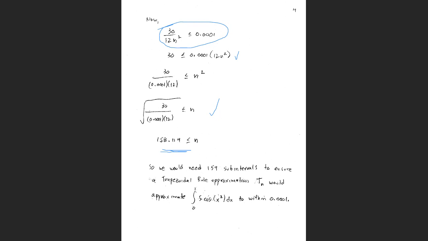Therefore, you would need 159 subintervals to ensure that the trapezoidal rule approximation would approximate our definite integral to within 1/10,000th. Let me give you a moment to copy that down, and please ask if you have any questions.